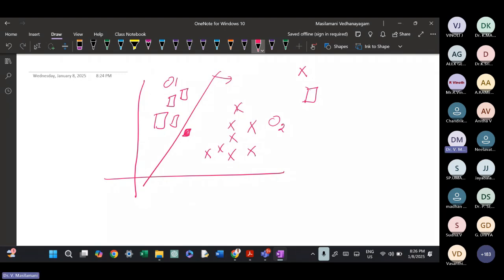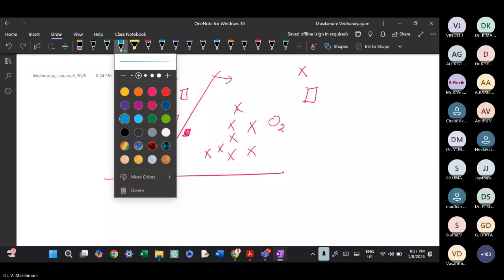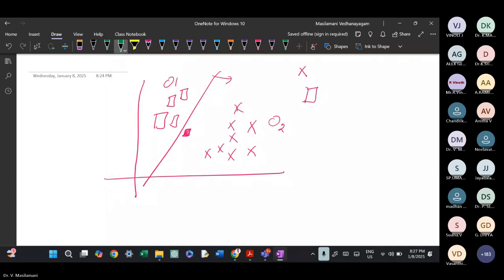On the other hand, instead of drawing a straight line that way, take this length, let's say 10 units, and just cut that 10 units at half.